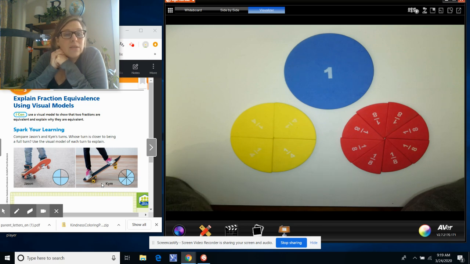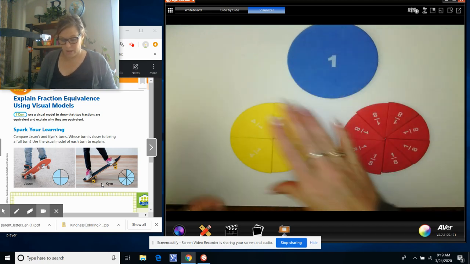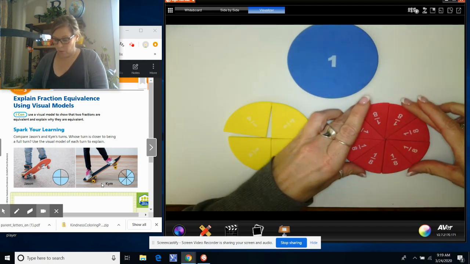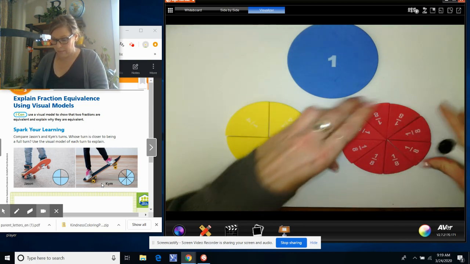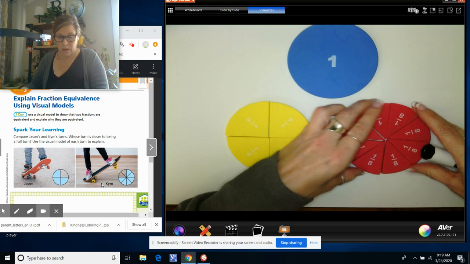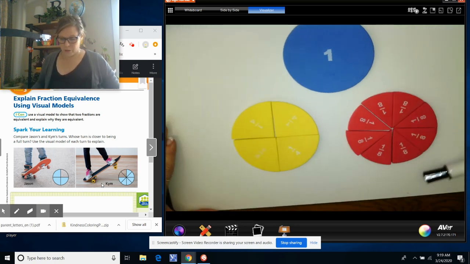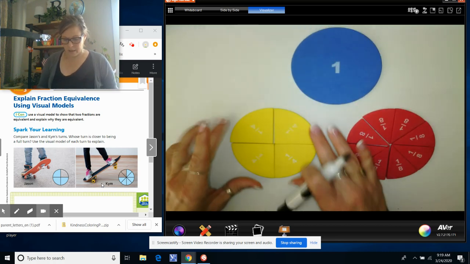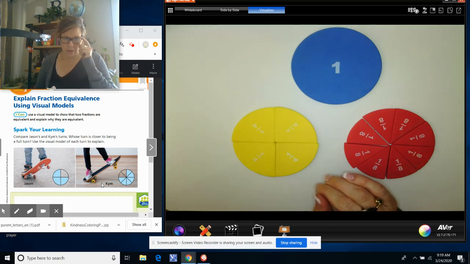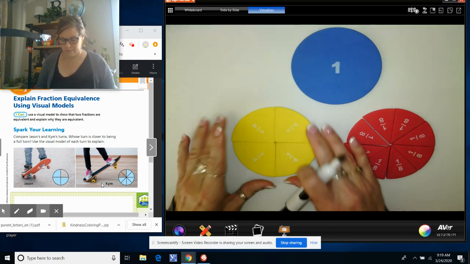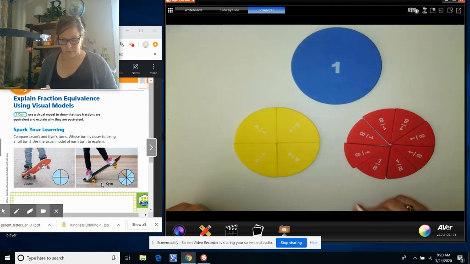Well, so now let's go down below. So I have my whole, which is the same size as both of Kim's and Jason's turns. So they're both being measured with the same whole. But Jason, he's measuring his turns in fourths. And if you're looking at that chart, the pie chart on his visual, we can tell that he has his broken into 4s.